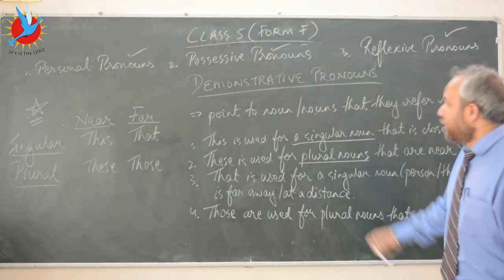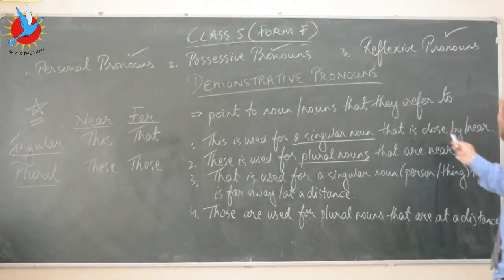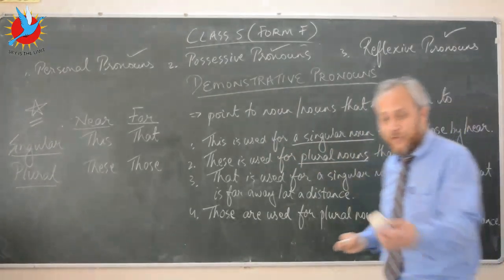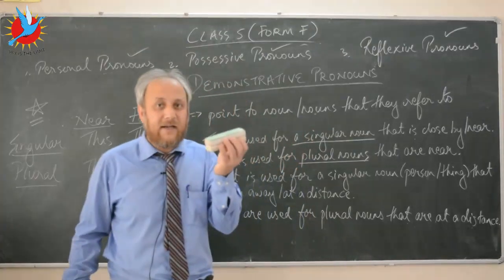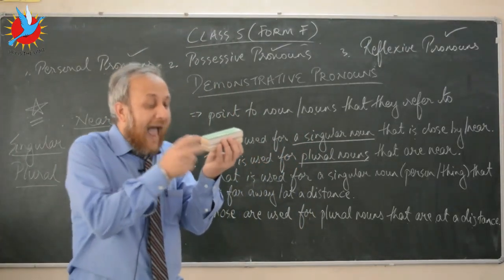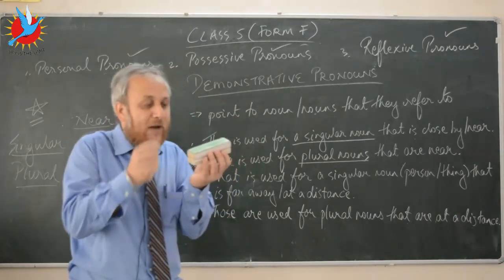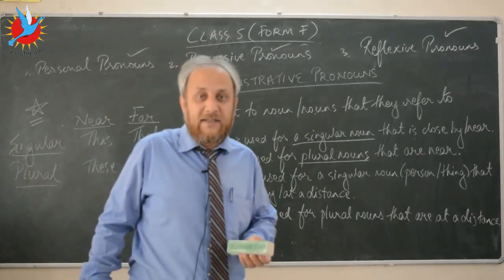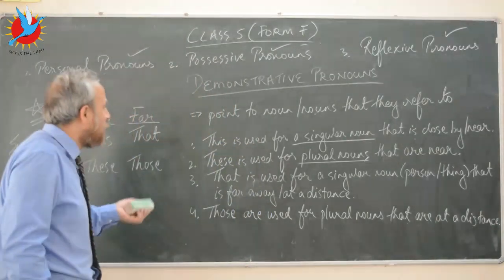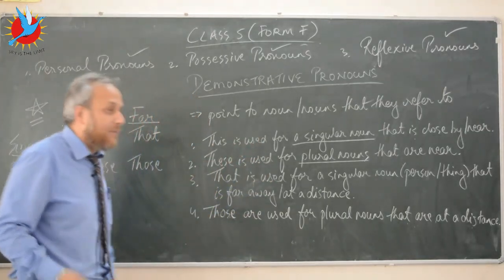Okay, so this is used for a singular noun that is close by or near. For example, this is a duster. Now, duster is a noun and it is close to me, so that's why I've used the demonstrative pronoun this. Now these is used for plural nouns that are near.